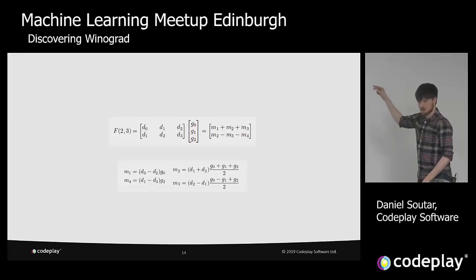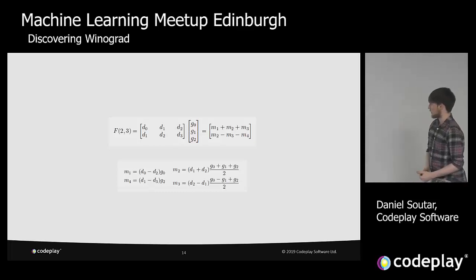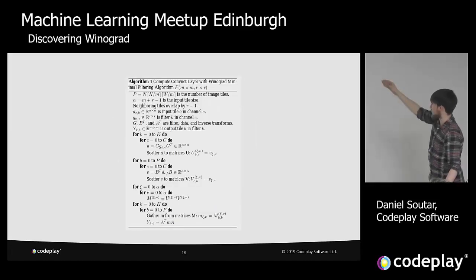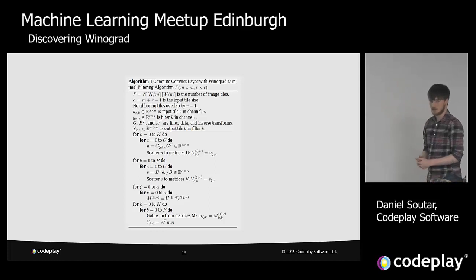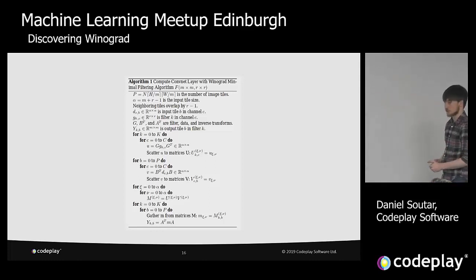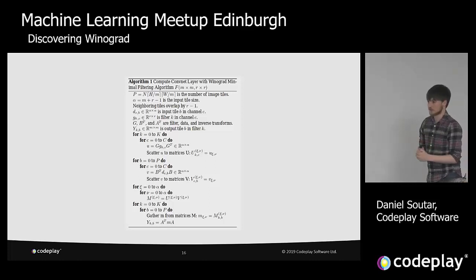So there are 2 outputs that are done, and we have a filter of size 3, hence the 3 on the right. So F of number of outputs, number of elements in your filter. And that's what that F(m×m, r×r) is. This is generalized into the 2-dimensional case. We now compute 2 times 2 if we say m is equal to 2 outputs, and r we normally say is 3.